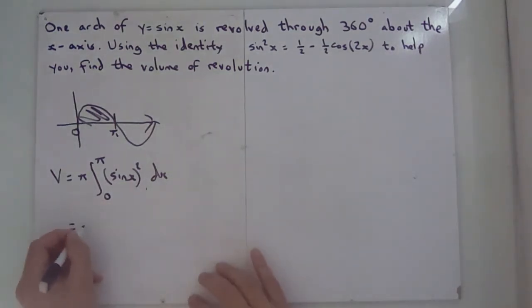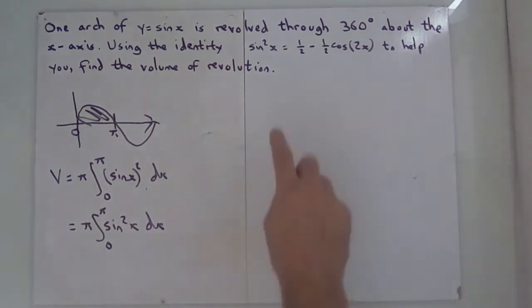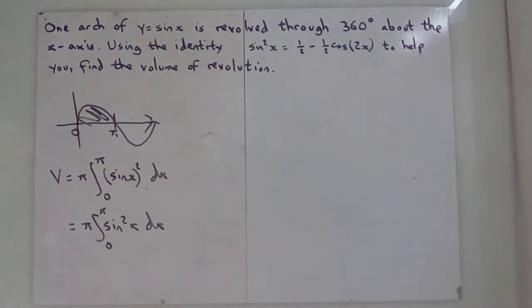So equals pi times the integral of sine squared x dx, evaluated between pi and 0. And now you can see why they've given us this identity. It's really, really quite handy. So equals pi times the integral between 0 and pi of a half minus a half cos 2x dx, just like that.